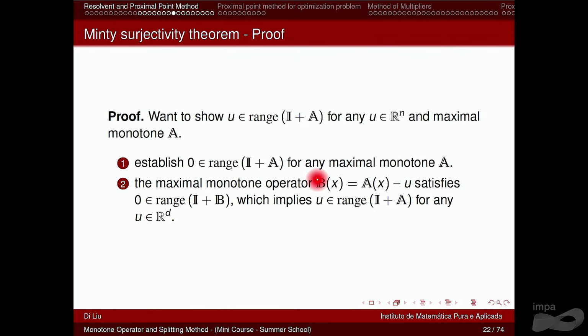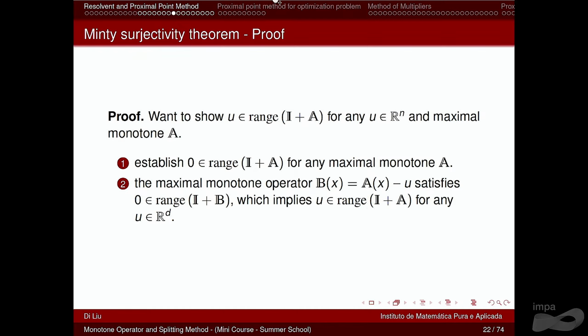Then, since A is maximal monotone, if we have a minus shift outside, B is still maximal monotone. Then if the first is satisfied, we can see that 0 also belongs to the range of I plus B. So it is equivalent to say for any u belongs to Rn, u belongs to the range of I plus A.